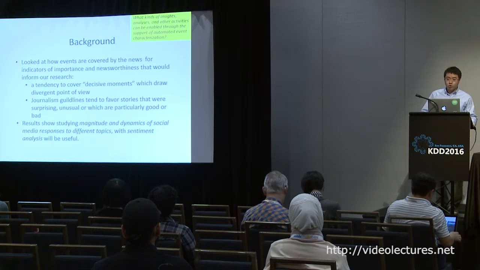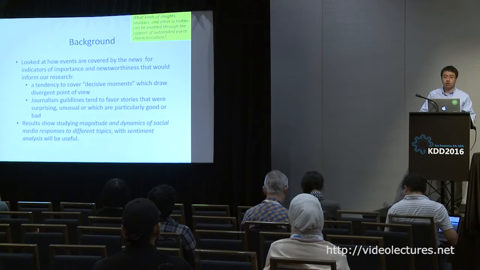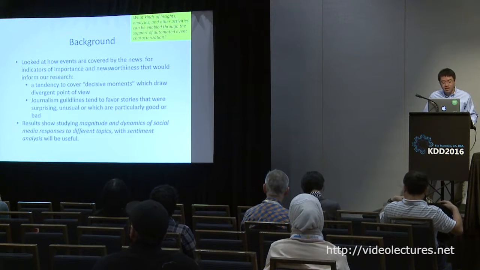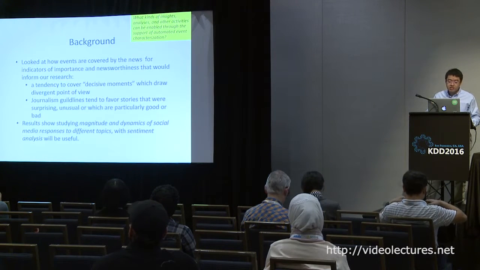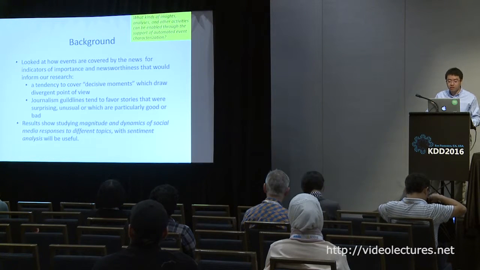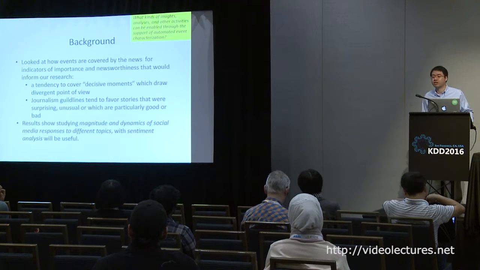What we find through reading newspapers and checking news websites is that there is a tendency to cover the decisive moments which draw divergent points of view. This is what they call newsworthy, which attracts people's attention.